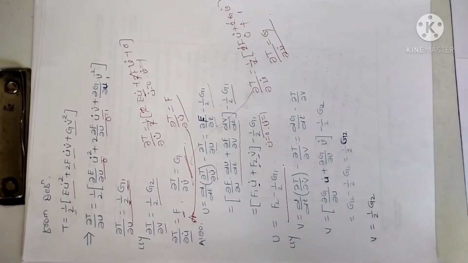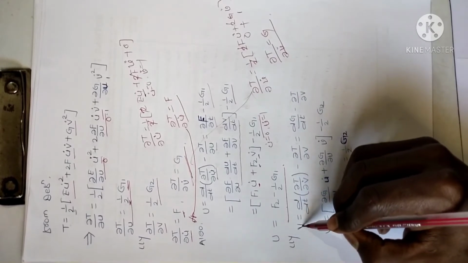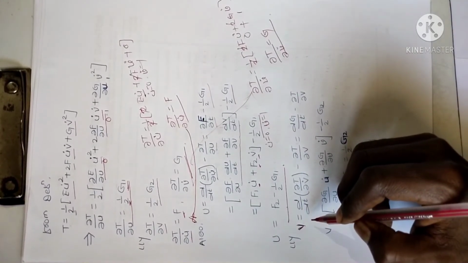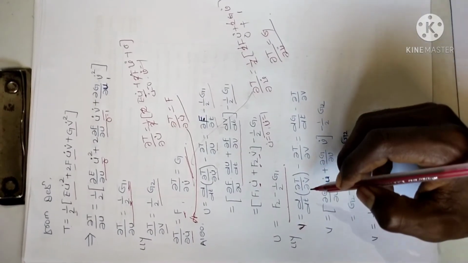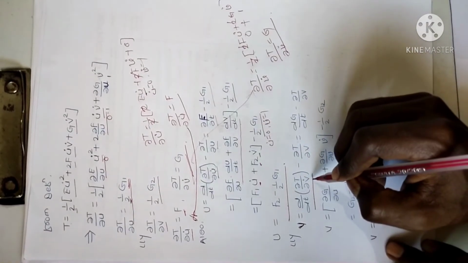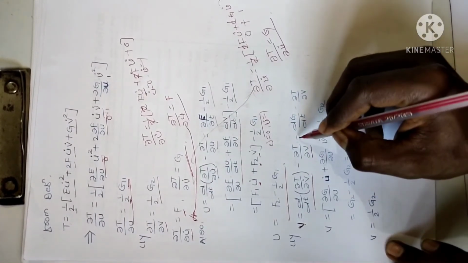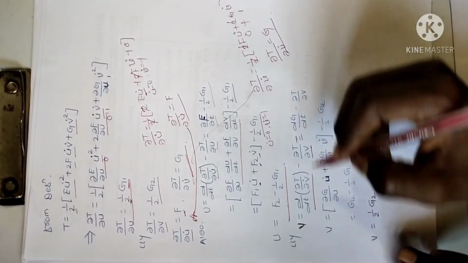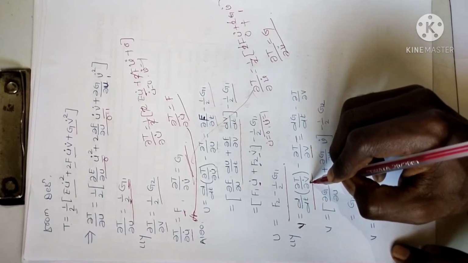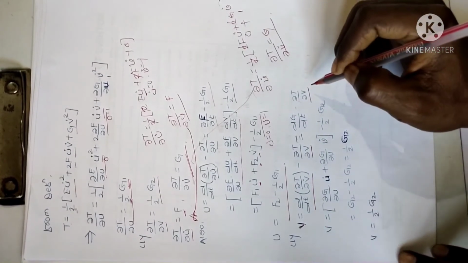Similarly we can calculate capital V. So the differential equation of geodesic is capital V is equal to d/dt of ∂T/∂v dot minus ∂T/∂v, and the value of ∂T/∂v dot is capital G, minus ∂T/∂v.